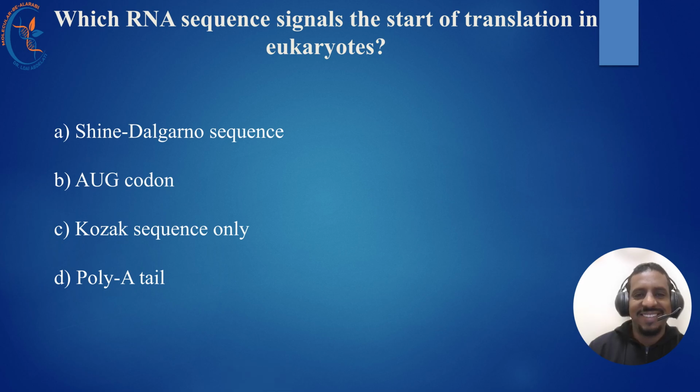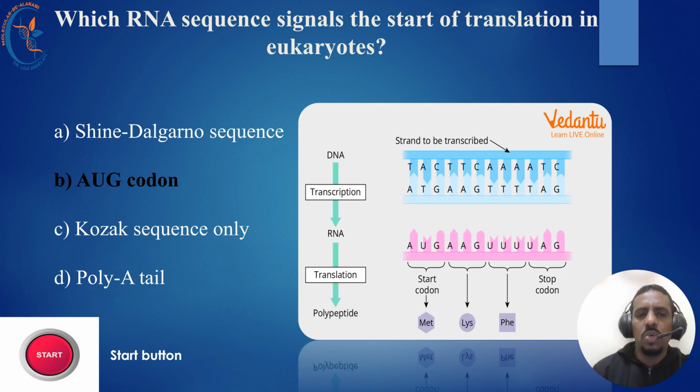Let's move on. The RNA sequence that signals the start of translation in eukaryotes is the AUG codon. Think of the AUG codon as the start button that tells the ribosome where to begin building the protein.